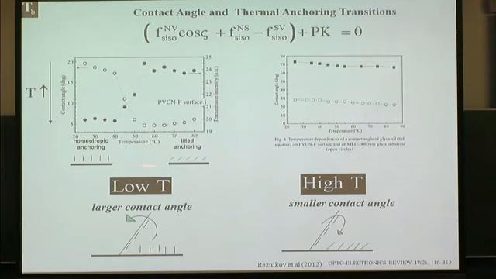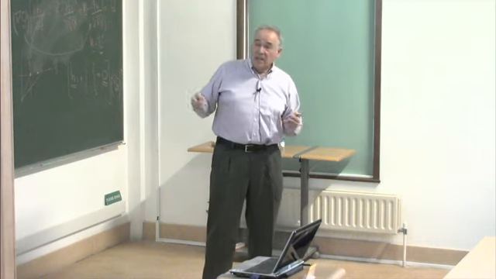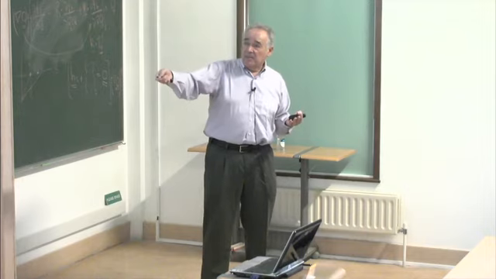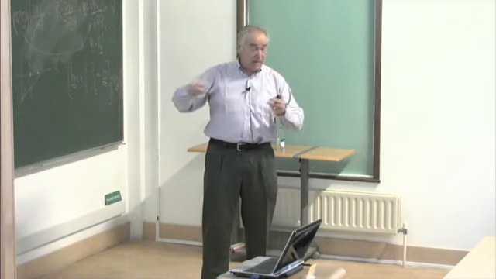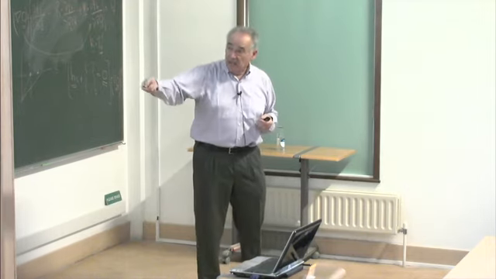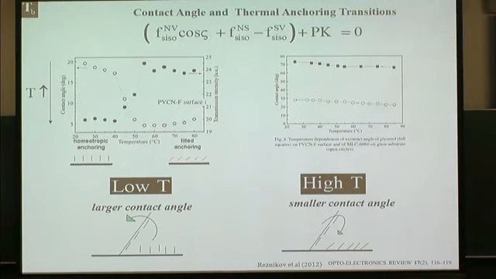So how do you analyze this with our pitch color term? The pitch color term explains this transition from high contact angle to low contact angle by changing a few degrees. At low T, we have this strong discrepancy between the anchoring at the lower surface and at the tilted surface.